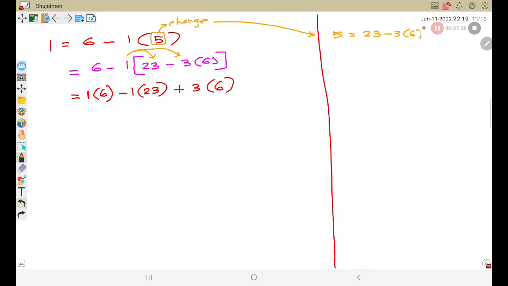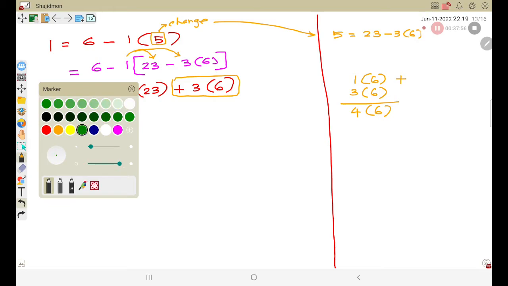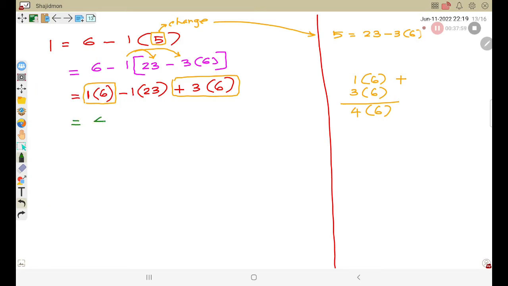Now simplify. Here 1 multiply 6 is there, plus 3 multiply 6 is there. So 6 we write only one time: 3 plus 1 is 4, 4 multiply 6. Correct? Hope you understood. Equals 4 multiply 6 minus 1 multiply 23.